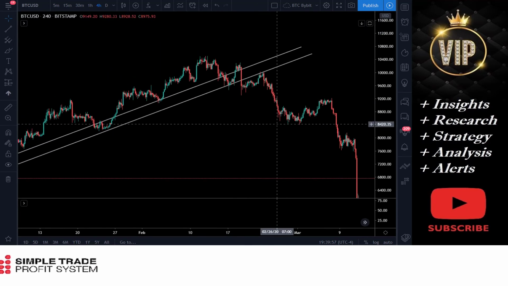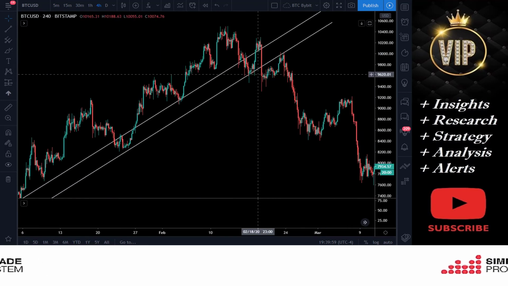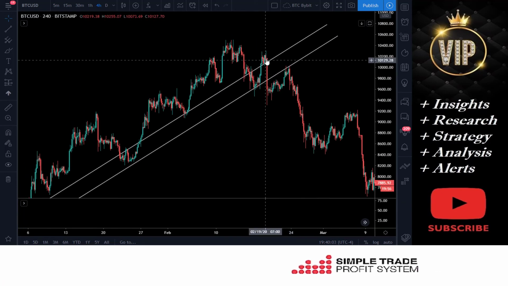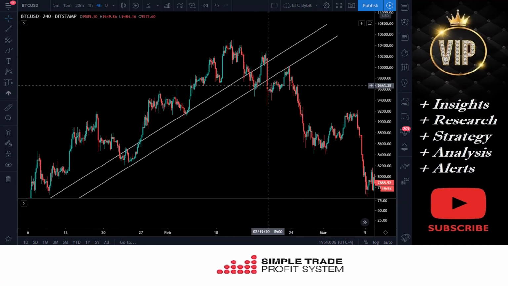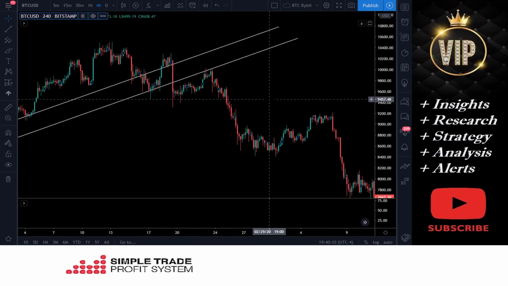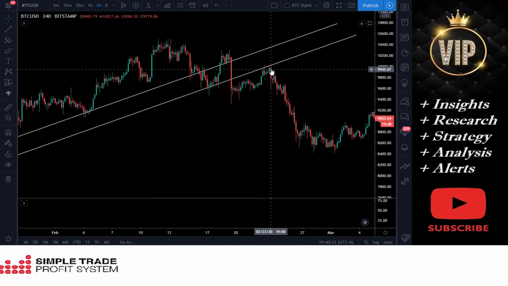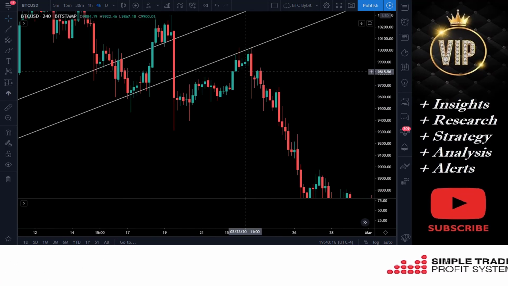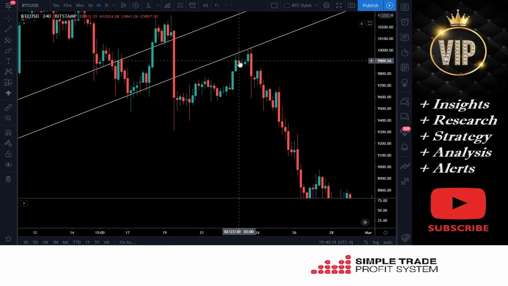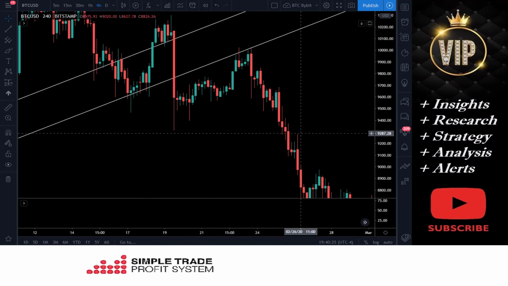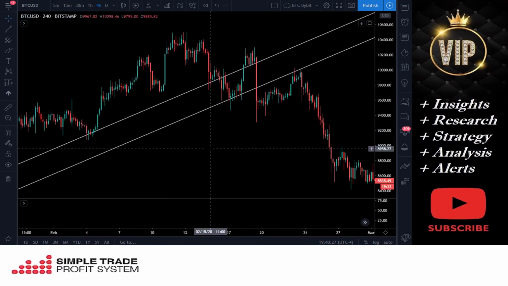What you're looking for is for it to break out of the trend and continue to the opposite side. So for example, here we broke out of not one, but 2, both these trend lines, came back up, tested it. This red candle right here with the long wick indicating that sellers are coming in and pushing price down. So we have a trend, we broke out of the trend and continued to the downside.